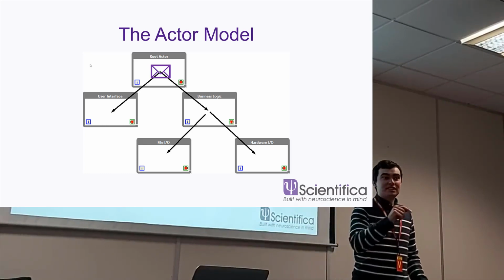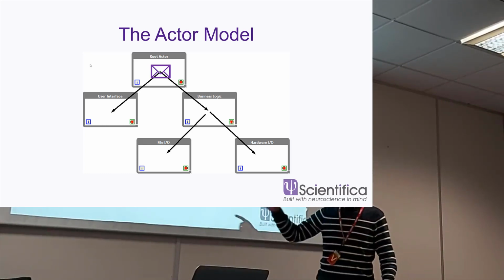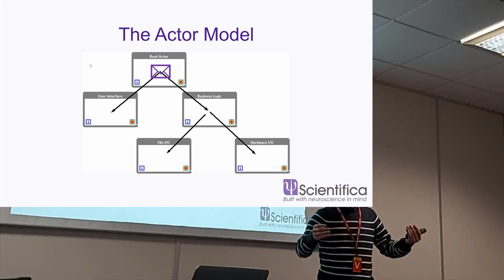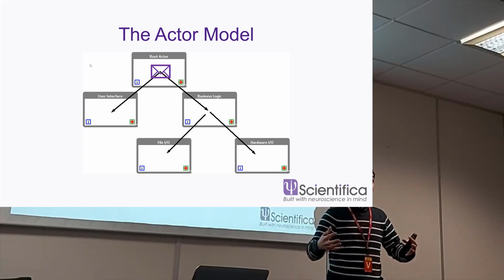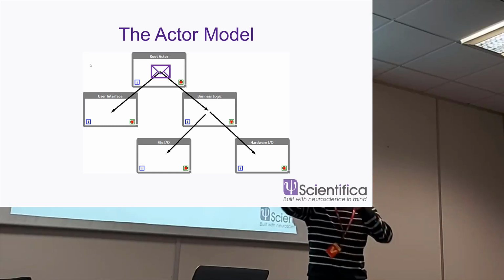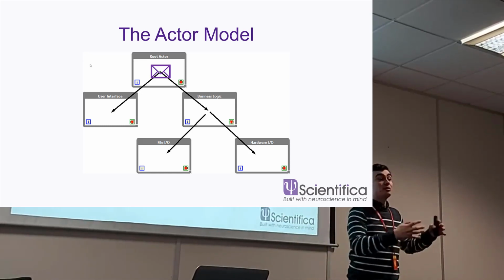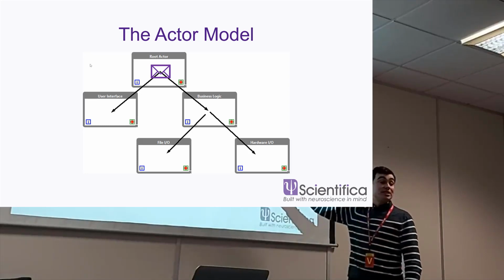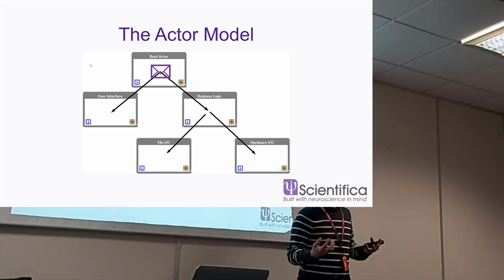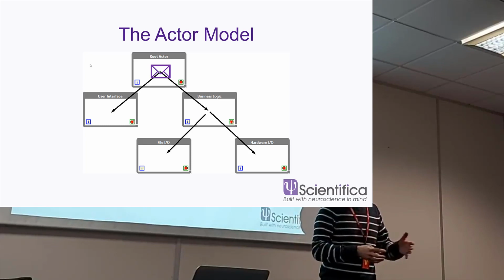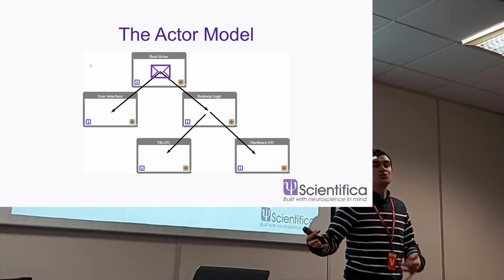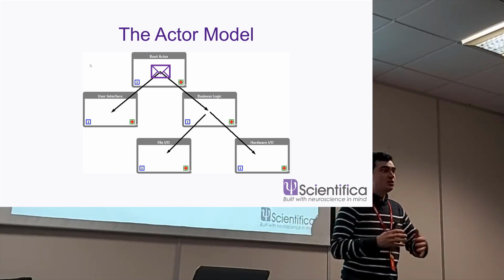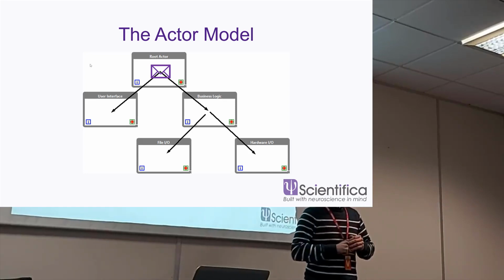If you remember my presentation earlier, that user interface was quite complex and there was a lot going on. And so I just want to separate that completely to all of my business logic. I don't want any coupling there at all. So I launched them separately. That business logic is built up of maybe file I/O and hardware I/O. And so you can very easily build up this actor tree.